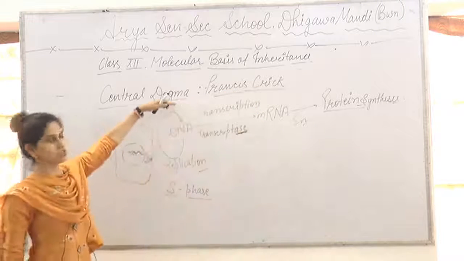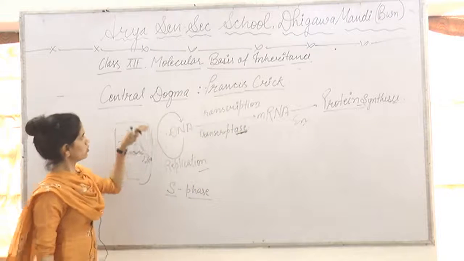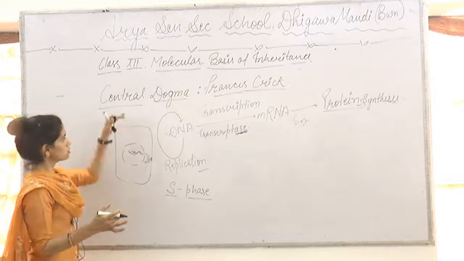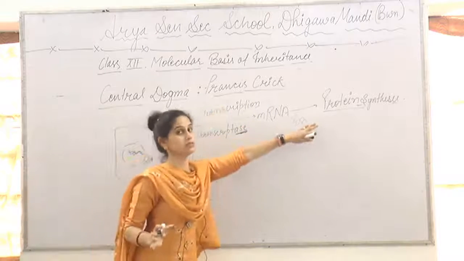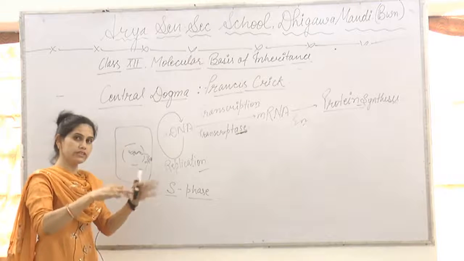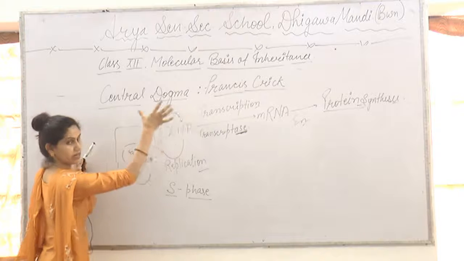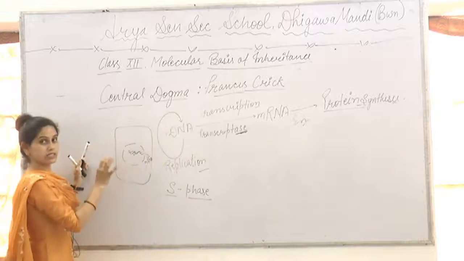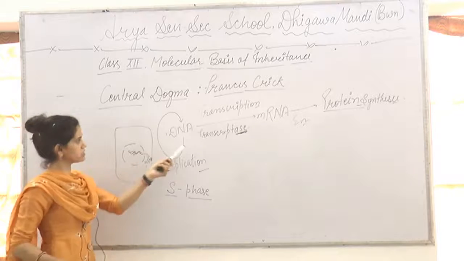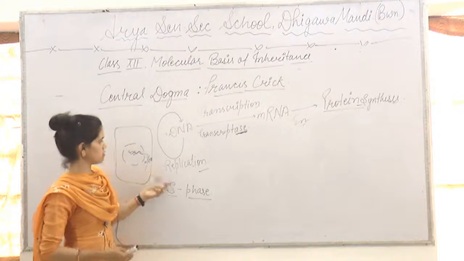Central dogma was discovered by Francis Crick, and according to Francis Crick, central dogma is a process through which finally protein synthesis takes place. And from where is this protein synthesized? It is synthesized from the DNA, which is present within the nucleus and is associated with histone protein. But later on we will discuss the histone protein.